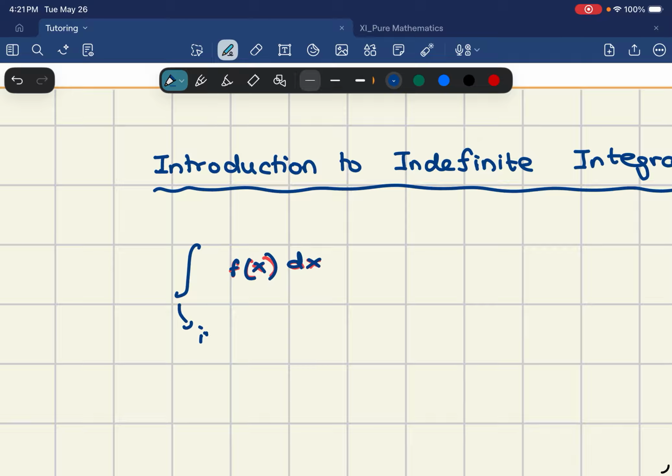Then that gives you f of x, and as we have discussed before, you can add any constant c to it. Similarly, if you're integrating a function f of x dx, you get capital F of x plus c, and if you differentiate capital F of x plus c, then you get your small inner function f of x plus 0, which is just going to be f of x. So that is the idea.